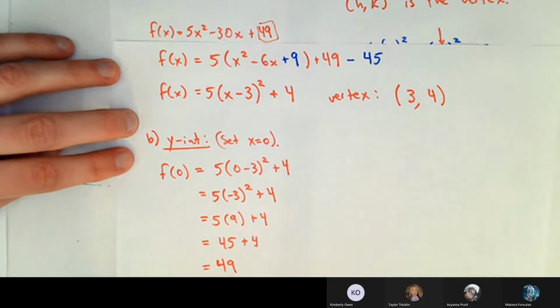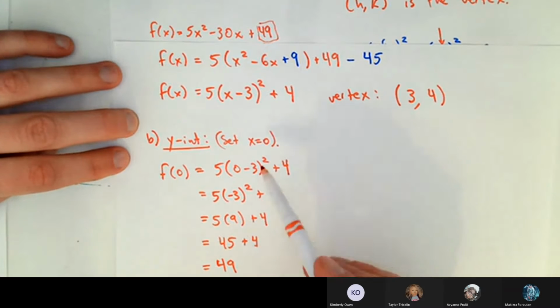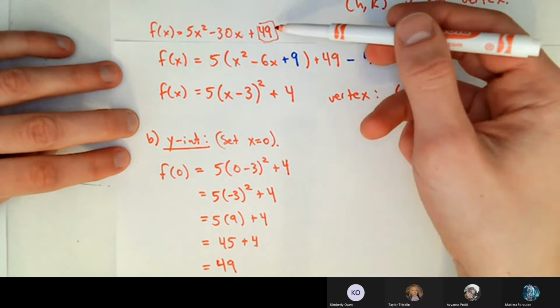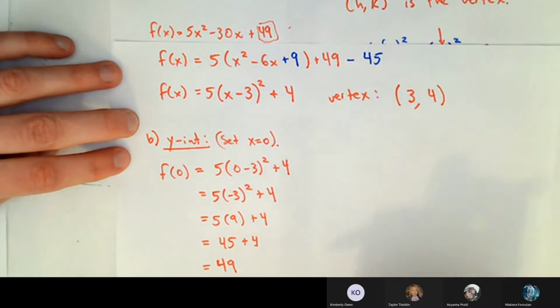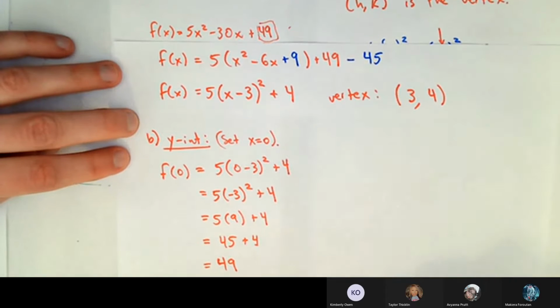Now, if you choose to use the standard form, you see right here, the 49 comes out, right? It's fine, and it's just arithmetic in between. But if you want to skip this, then just go back to that original form and look at what the constant is. That constant will be the y-intercept.